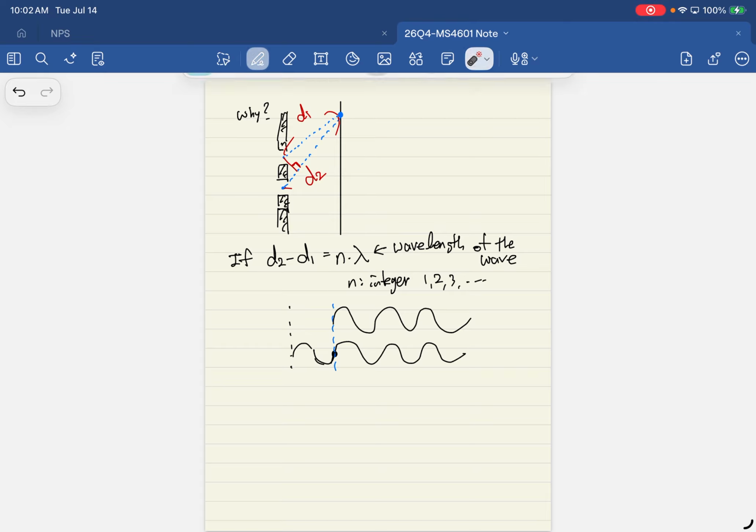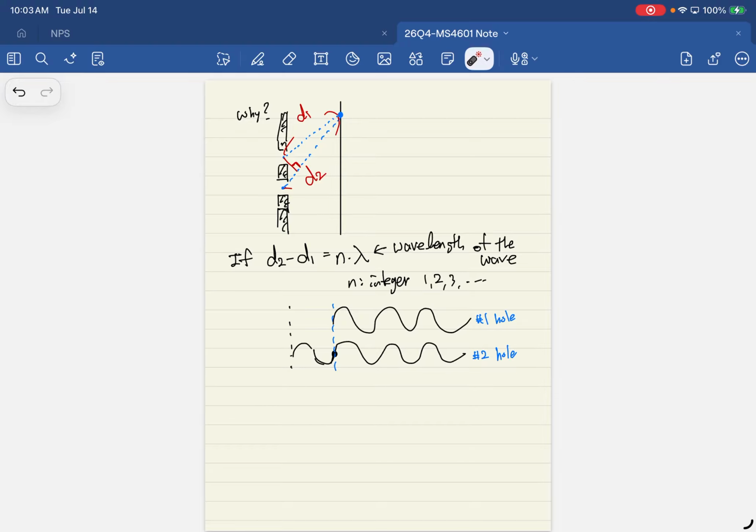This one is going through hole number 2, and this one through hole number 1. Obviously, D2 is longer for this point, while the wave going through hole 1 has a shorter traveling distance. If the travel distance difference is just 1 lambda, we have complete constructive interference. Does that make sense?